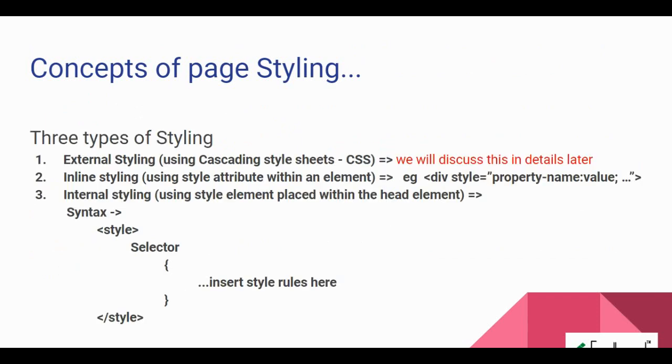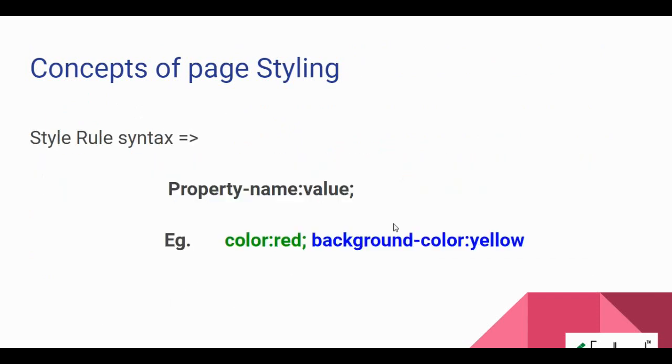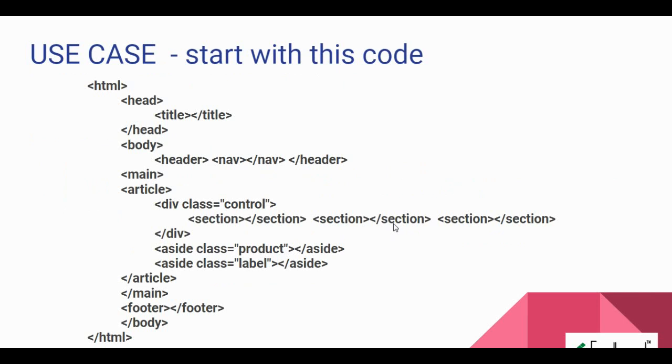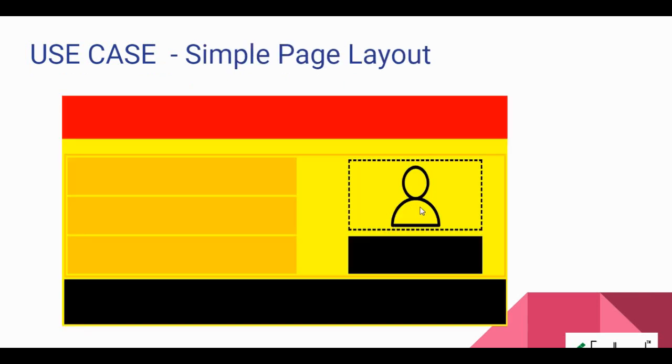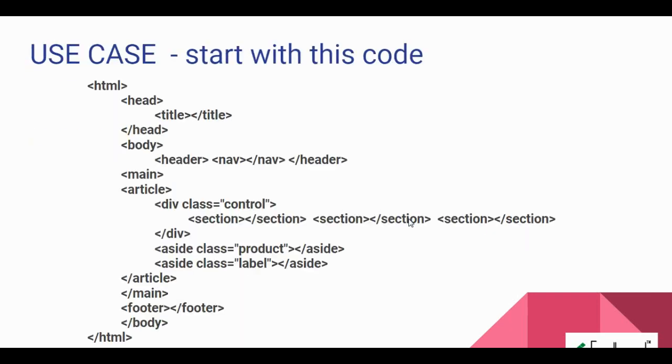So this scalable vector graphic is actually lying within this aside. We have two asides, one is product, one is label. Remember, this is the product, so that's where I'm going to paste the code. I'm going to do that straight away.